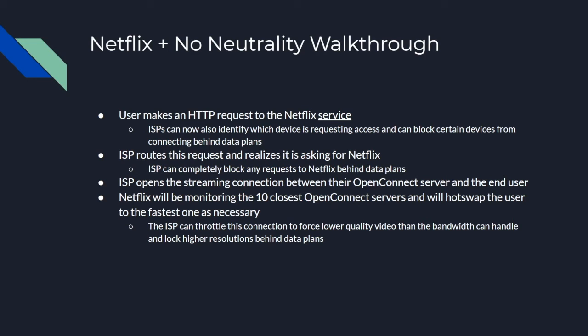So let's say you actually pay for a really good internet speed, like 50 megs down or something. The ISP could then say, "Oh, but you're not paying us for the Netflix high quality speed, so you're only getting a 720p broadcast." That's just a simple example of how using internet services can change with and without net neutrality.